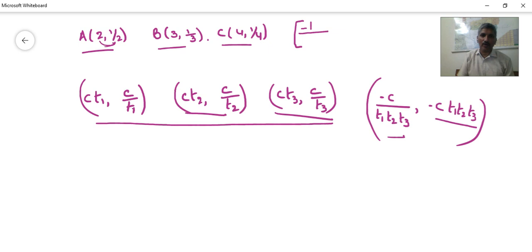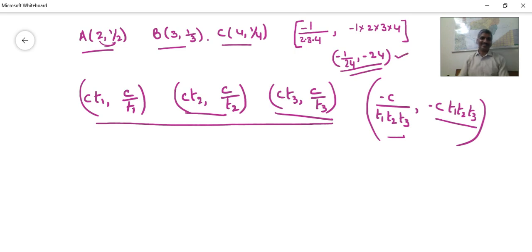Minus 1 by t1 t2 t3, comma, next minus 1 into t1 t2 t3. Yes or no? So that's why we are getting the answer as minus 1 by 24 comma minus 24 as the coordinates of the orthocenter, right?